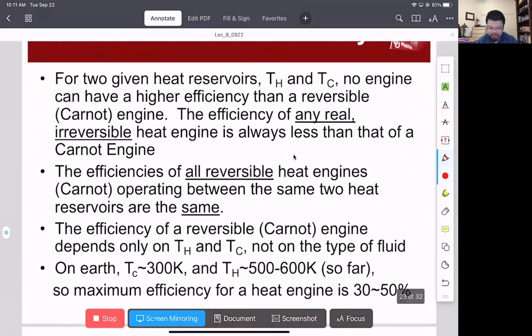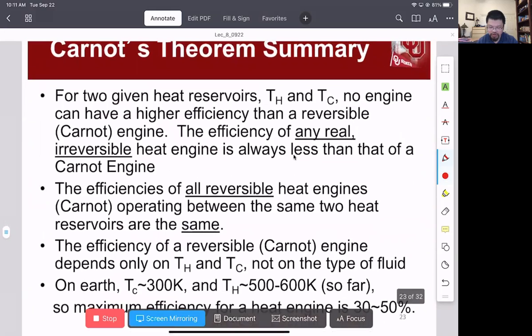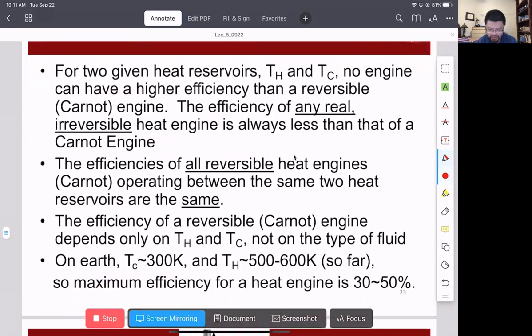So let's take a look at a short summary of Carnot's theory. It says for two given heat reservoirs, TH and TC, no engine can have a higher efficiency than a reversible Carnot engine. The efficiency of any real, irreversible, or spontaneous heat engine is always less than the ideal Carnot cycle.